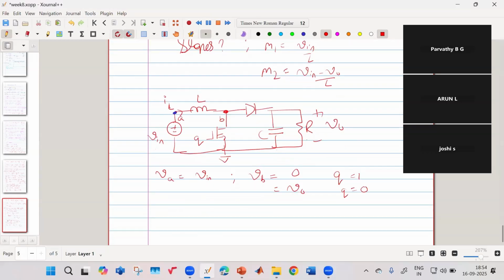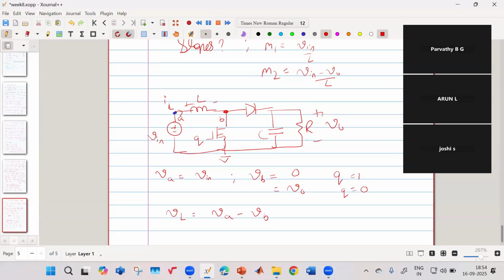So your VL, that is the voltage across your inductor, is equal to your VA minus VB. I'm spending time here because this is a source of confusion.